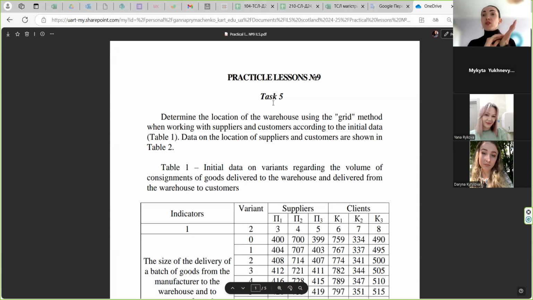And also please write on your paper or in your document your surname and your name so that I can understand that it is your work. And your variant is the same as in our previous tasks. So we try to do it now.